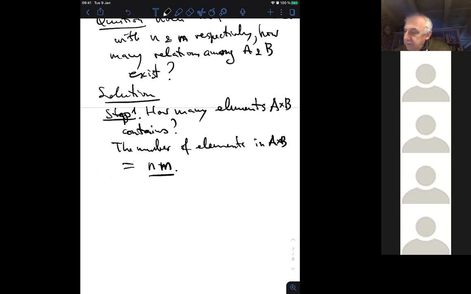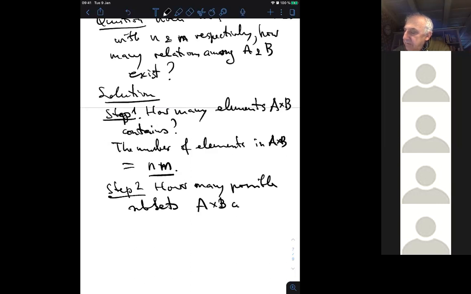Now, step 2, maybe this is a little bit less trivial. How many possible subsets does A times B contain?